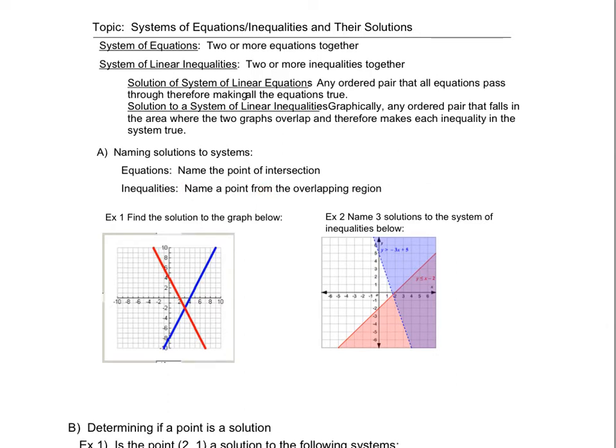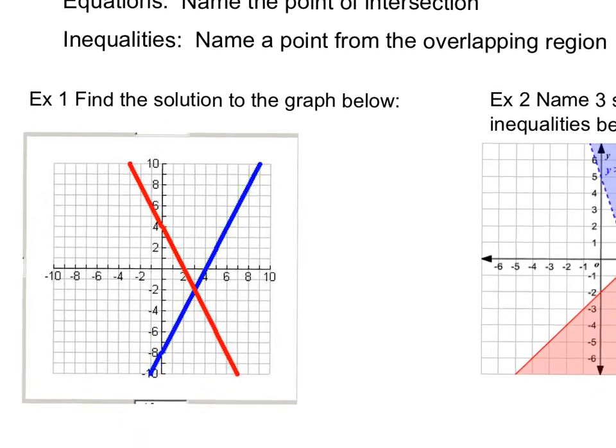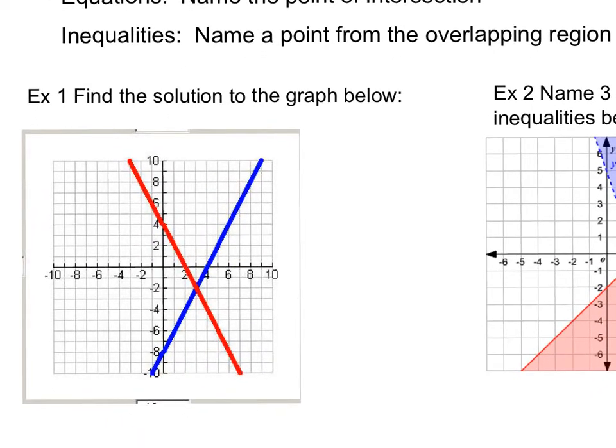So on this first example, and I do just have one example of each, I know the graph is a little bit small, so it's kind of hard to see, but all I'm going to do is name the point where they intersect. And we always name a point as x comma y. So I first go ahead and ask myself, how far did I move right or left? What's my x value?